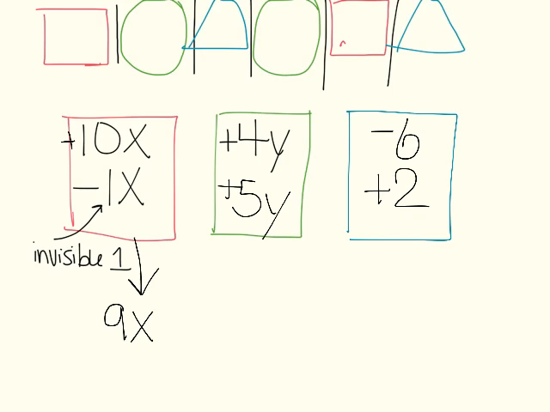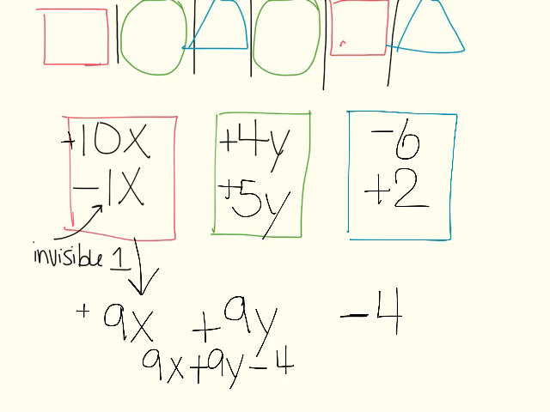What's 4 plus 5? 9, so that's 9y. And then what's negative 6 plus positive 2? We get negative 4. This was positive, and then this was positive. Okay, so really our simplified expression is 9x plus 9y minus 4.